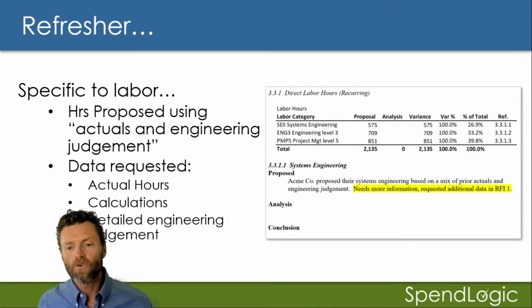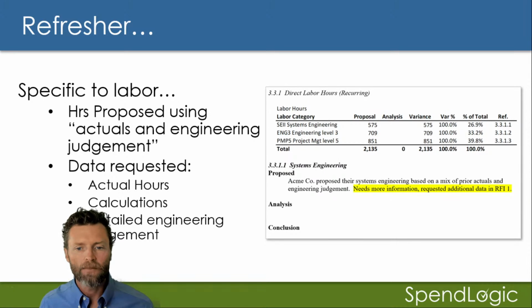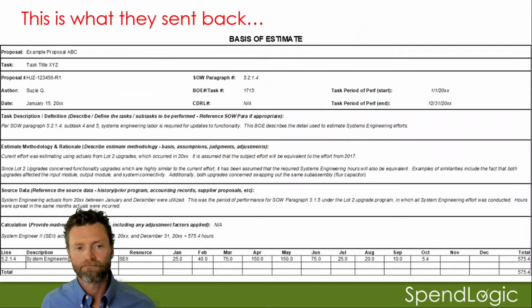To the right, you also see a picture of where we left the cost analysis. We document the cost analysis as we go. And we're just going to talk about systems engineering here today. There were 3 labor categories here. But what we basically said was we needed more information. We requested additional data in RFI 1. We did not have an analysis position, so our analysis and conclusion are still blank. So that's where we left it, and that's where we're going to pick up today.